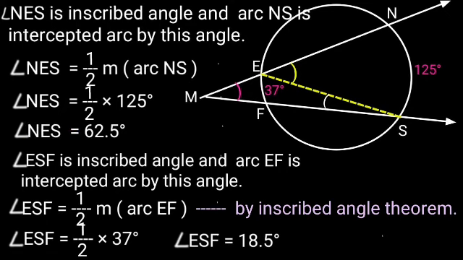Angle ESF is an inscribed angle and arc EF is the intercepted arc. Hence, by the inscribed angle theorem, angle ESF is equal to 1/2 the measure of arc EF.